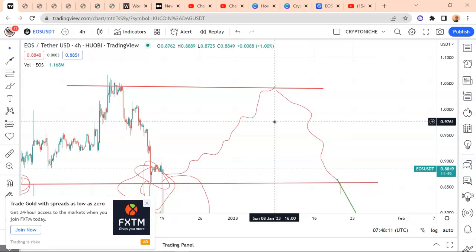So, are you guys learning from this analysis? What have you learned so far from this technical analysis?